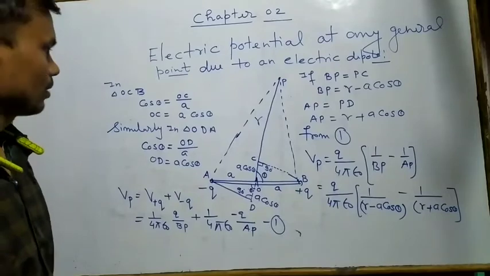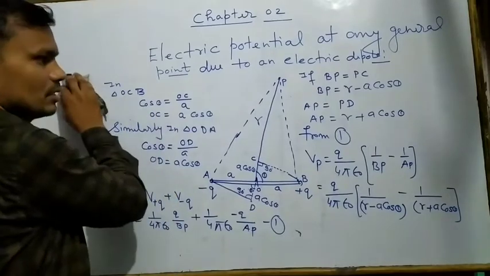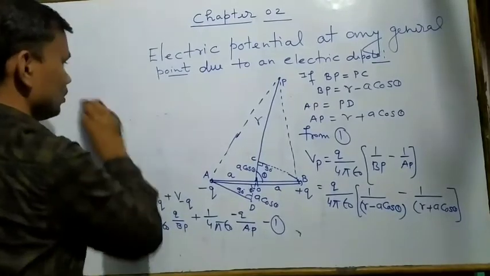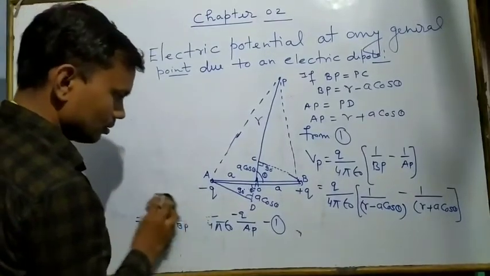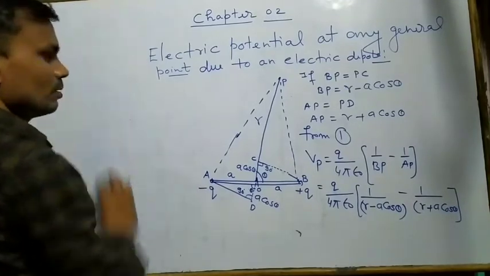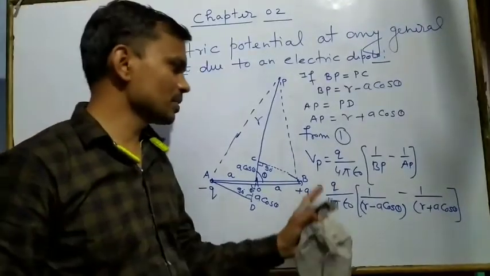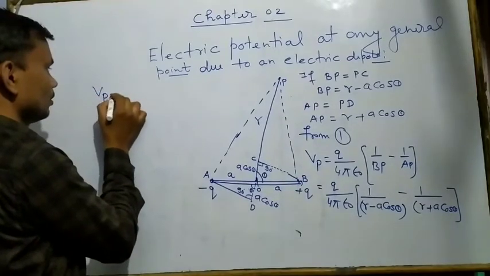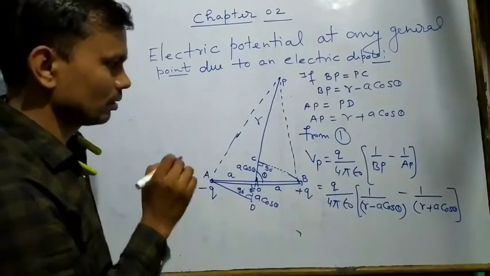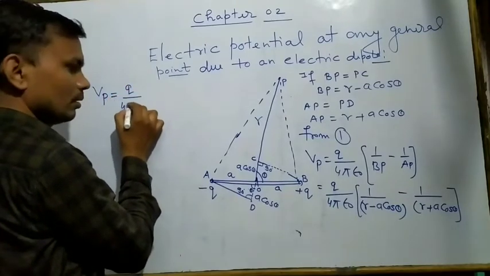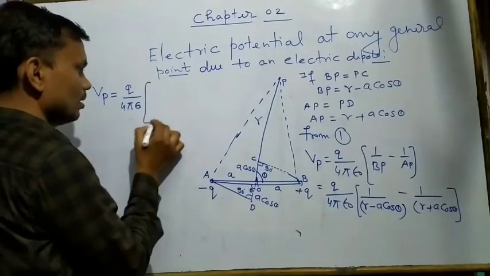Now after that we are going to rub this portion. So here you see this is the VP, equal to Q upon 4 pi epsilon naught. Here you have to take the LCM.